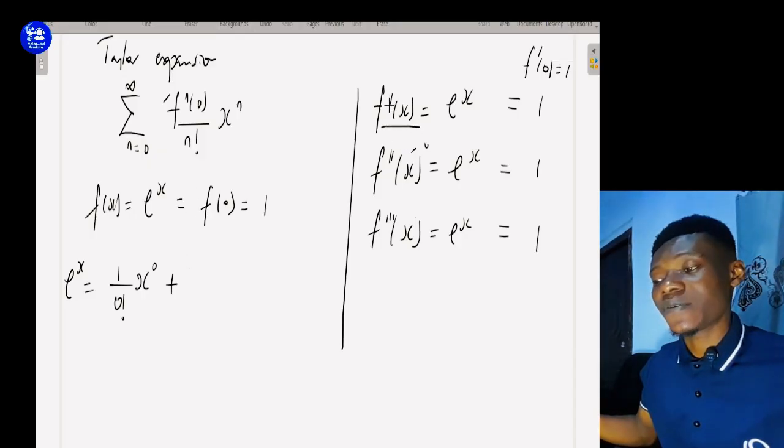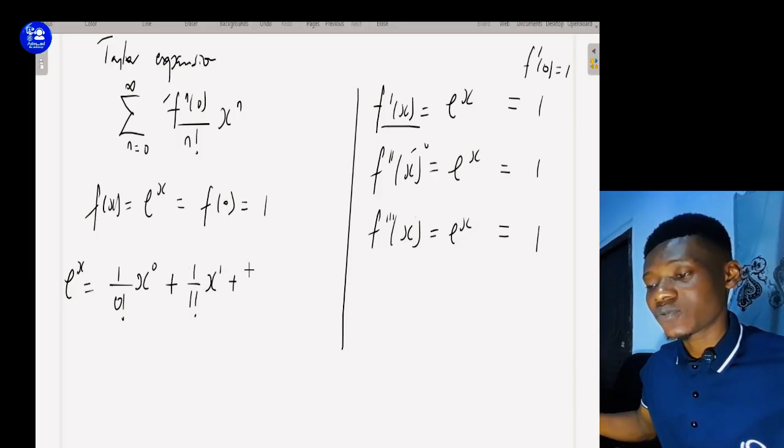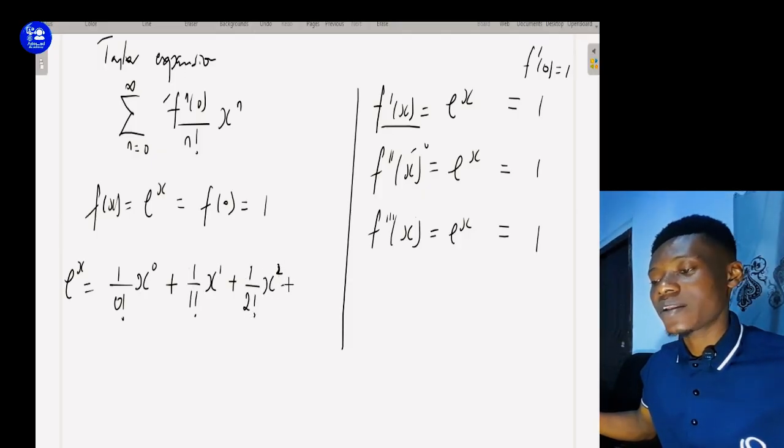That is, when f is differentiated the first time, it is 1, and when 0 is slotted in, you have 1 over 1 factorial times x raised to power 1. The next one is still 1 over 2 factorial x raised to power 2. And when n is 3, you still have 1 over 3 factorial, that is x to the power of 3.